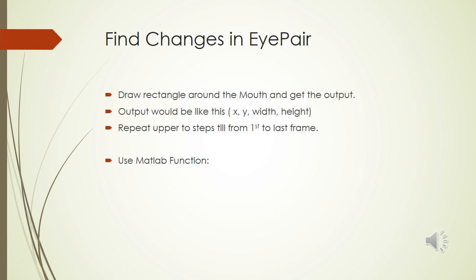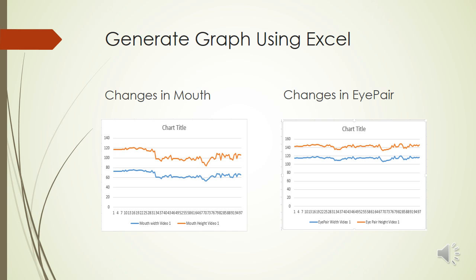Similarly, I will find the changes in the eye pair using the same approach as for the mouth, but the only difference is that I will pass eye pair as an argument in the function. Finally, I copy all the outputs of width and height of the mouth and eye pair and paste them into Excel, and then I am able to generate a graph.